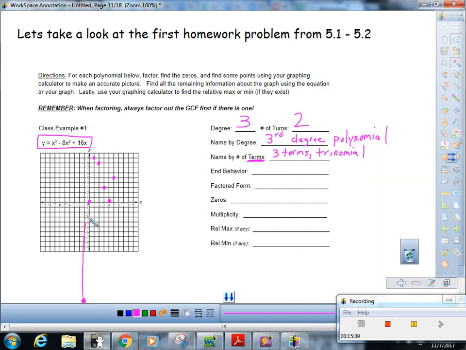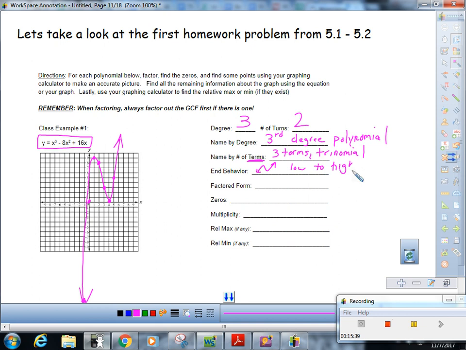So the graph looks like this. Okay? So end behavior, we can just say this, or we could say low to high.